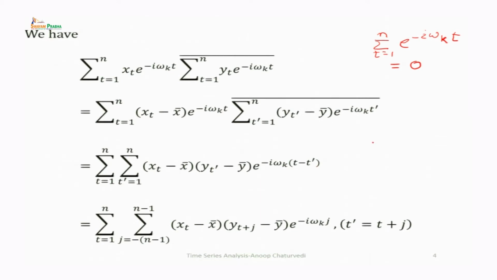In fact, we have used the result that the complex conjugate of e to the power minus i omega k t dash is equal to e to the power i omega k t dash. Now, we write t dash equal to t plus j, or you can say j is equal to t dash minus t.